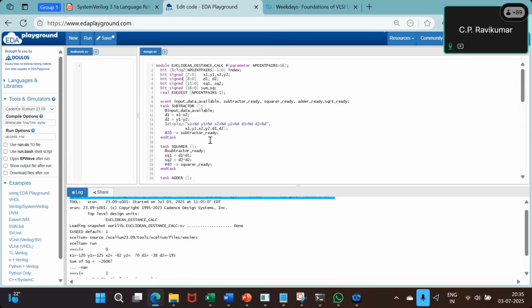So something has... okay. Sum of squares. Squares can't be negative. Okay, maybe this bit is not correct. Huh?